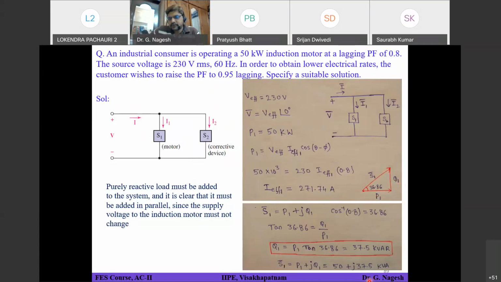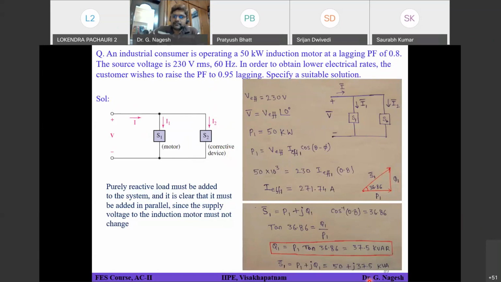It's the same thing. The only thing is after connecting the load there is no extra real power drawn from the source, only reactive power will be drawn, because the objective is to design such an element. After connecting that, they have given you the power factor, which is 0.95 lagging.